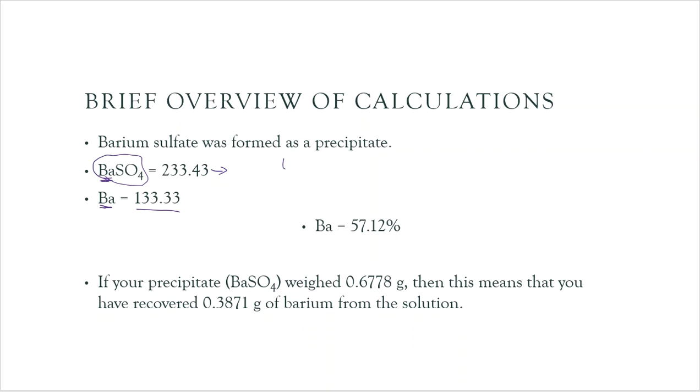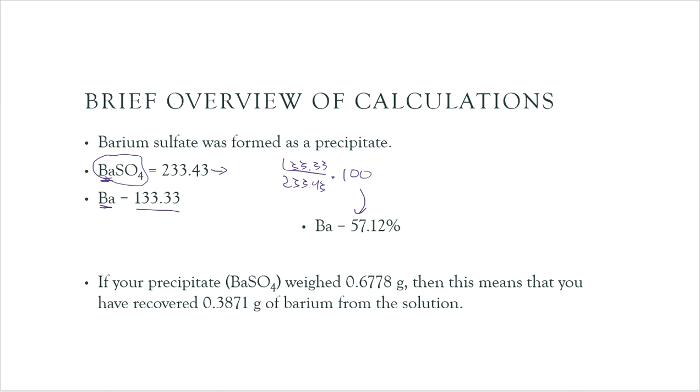So I'll take 133.33, which represents barium, divide it by the total, 233.43, and multiply by 100, because this is a percentage. When I do that in my calculator, I'll end up getting 57.12%. All right, 57.12% is made up of barium.